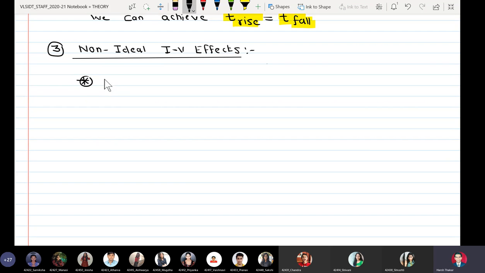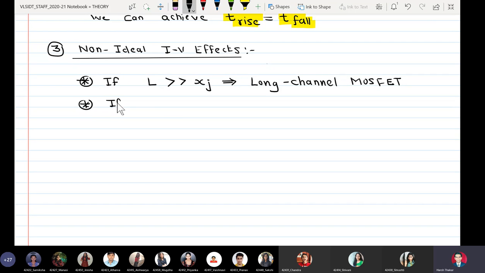We told before that if the channel length L is much greater than the junction depth of the MOSFET, then it is called a long channel MOSFET. And if channel length L is much lesser than the junction depth Xj, it is called a short channel MOSFET.